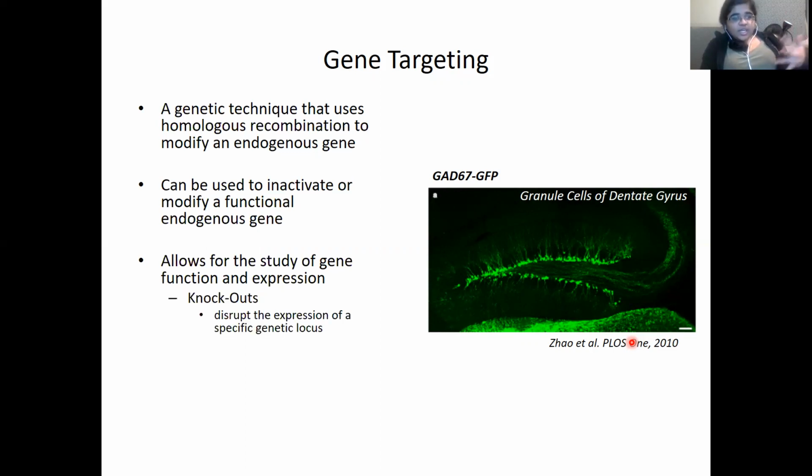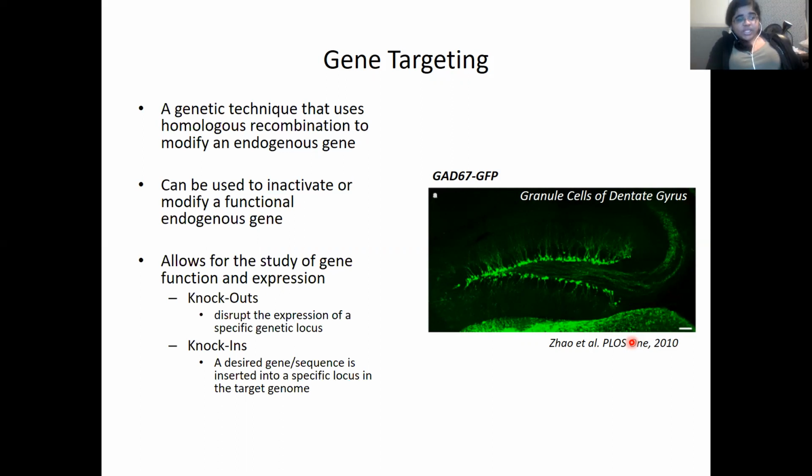Some methods that we use for this are knockouts, where it completely disrupts the expression of specific genetic loci. Knock-ins are typically when a desired gene or sequence is inserted into a specific locus in a target genome.